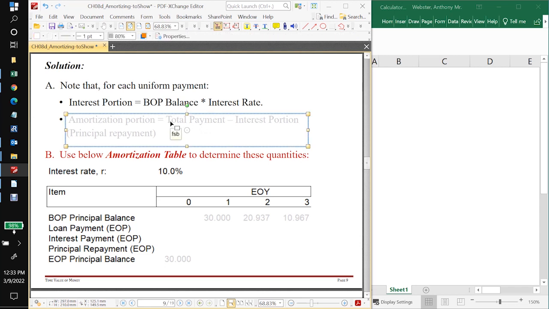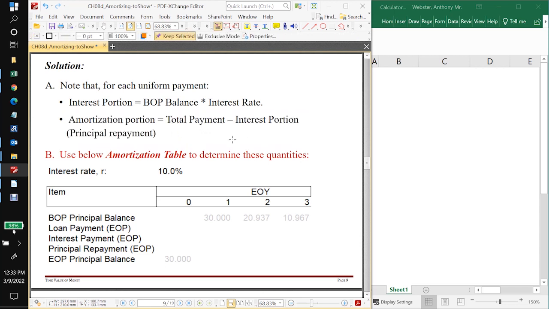The other piece, which will be in each payment, is the amortization portion, and that's always equal to the total payment minus the interest portion. We could also call the amortization portion the principal repayment portion.